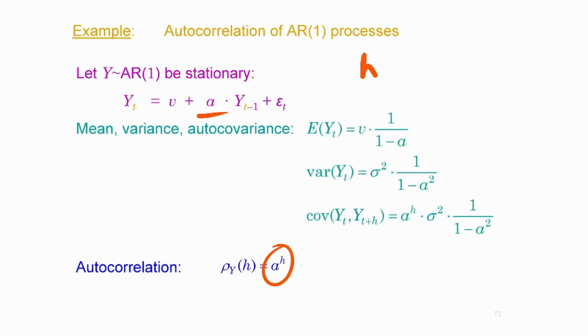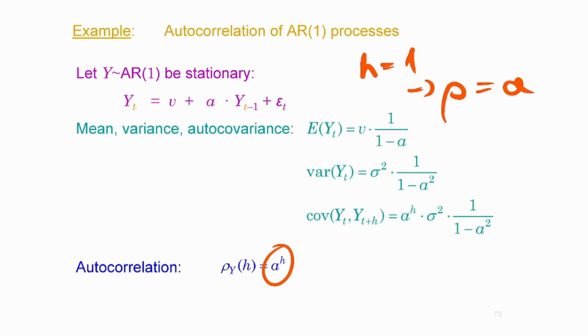If you look at time lag 1, you'll find that the autocorrelation is equal to the parameter a. So sometimes this parameter is simply referred to as the autocorrelation of the process with respect to time lag 1, because that is a first order autoregressive model.